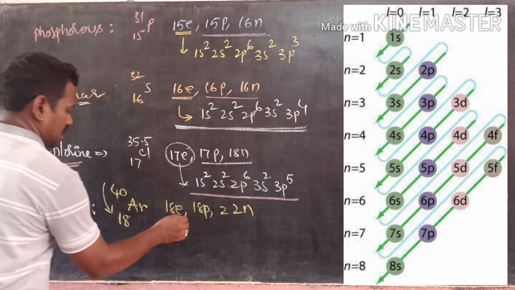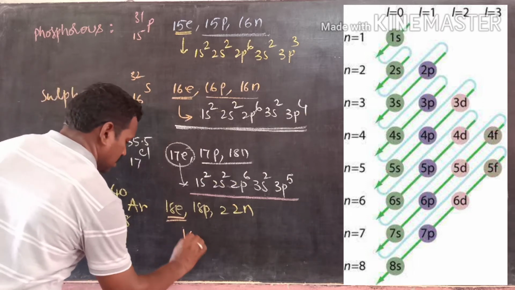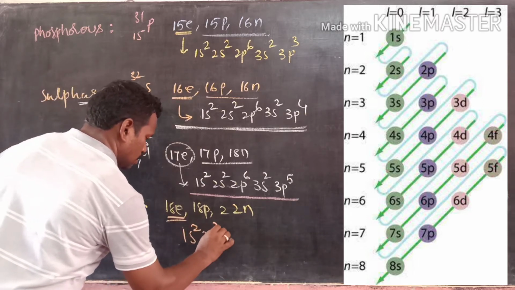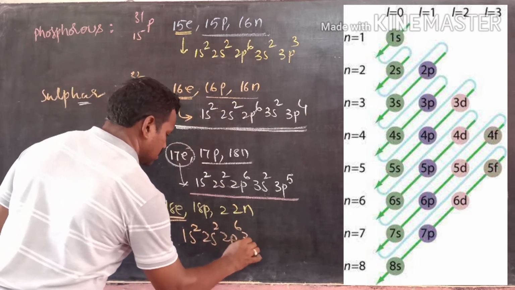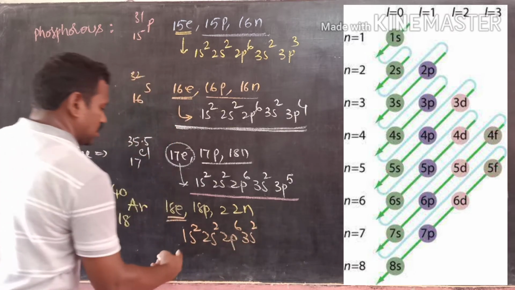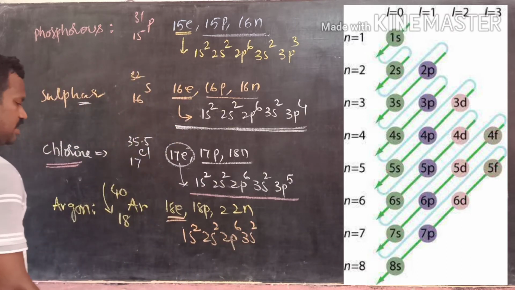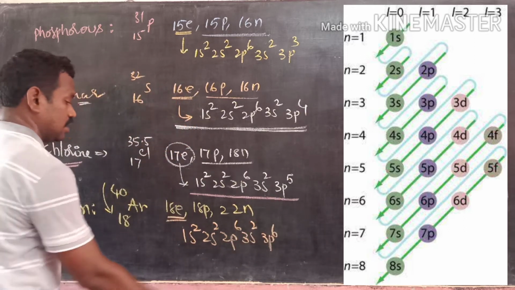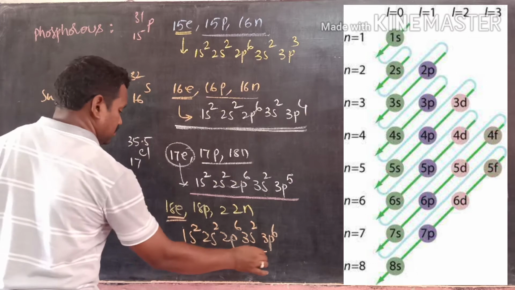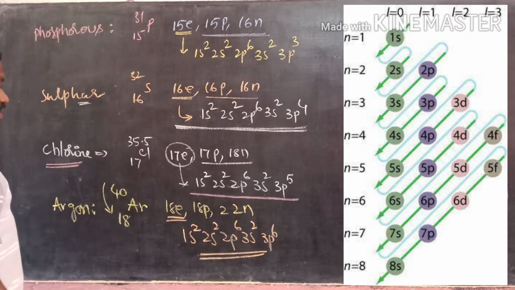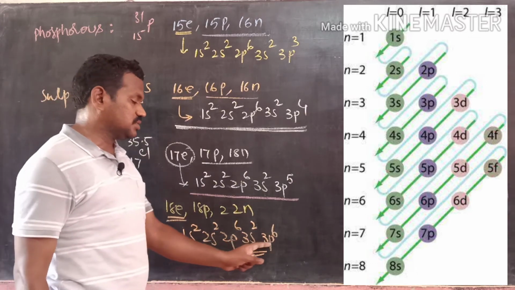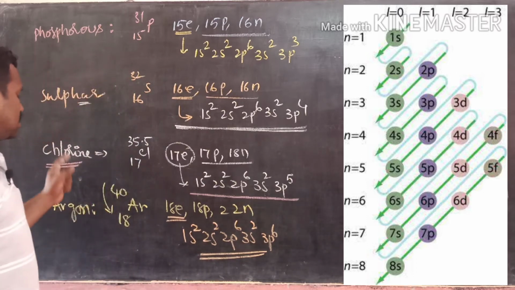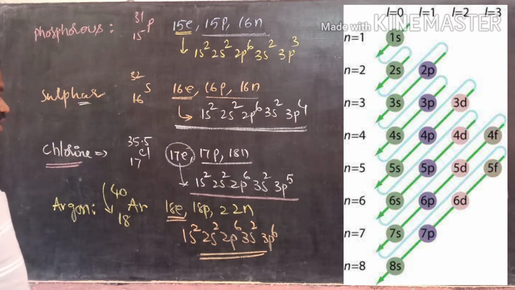Now the electronic configuration of these 18 electrons is 1s2, 2s2, 2p6, 3s2. Till now 12 electrons are completed, remaining 6 electrons are completely accommodated in the p orbital. Now the electronic configuration becomes 1s2, 2s2, 2p6, 3s2, 3p6. These are some of the electronic configurations of elements.